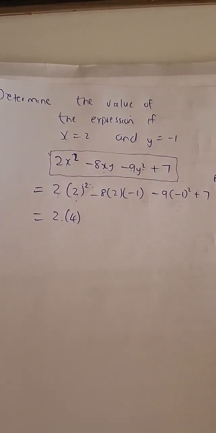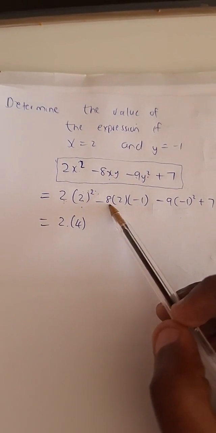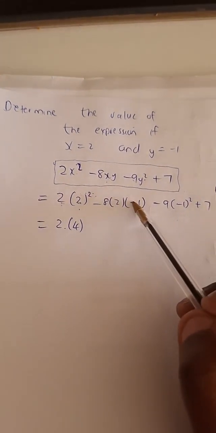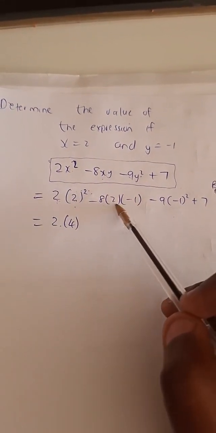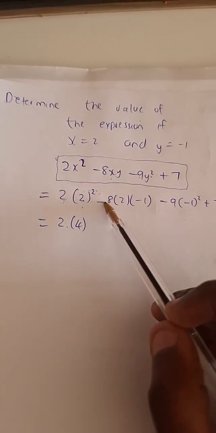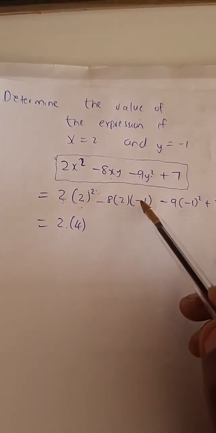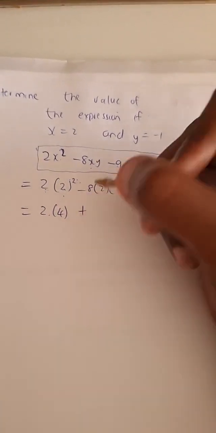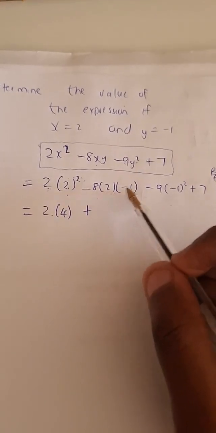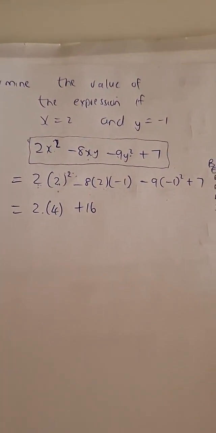So that means 2 squared is 4. You see the brackets are retained there. I hope you can see that. Negative 8 brackets 2 brackets negative 1. 8 times 2 times negative 1. But the signs, please guys, negative times a positive is a negative, and then a negative times negative gives you a positive. What's 8 times 2? 16. 16 times 1, that still gives us 16. Very important.